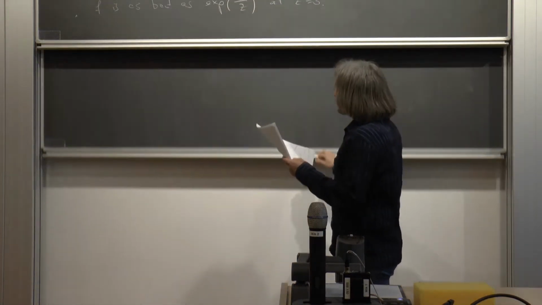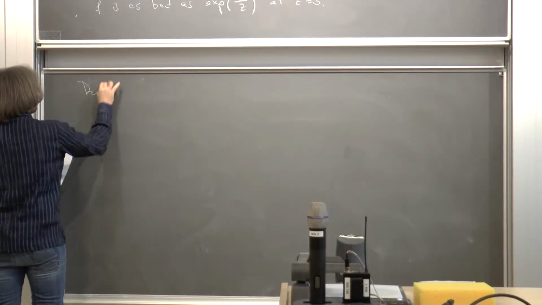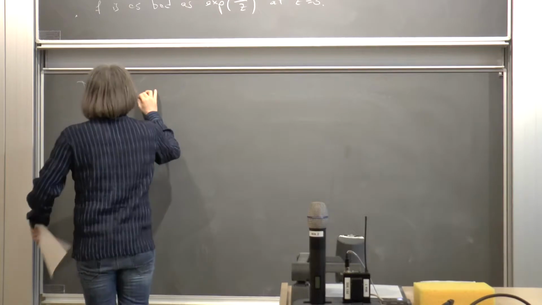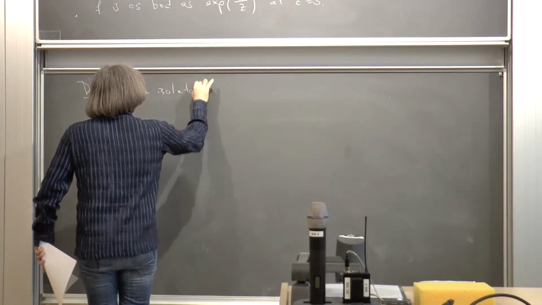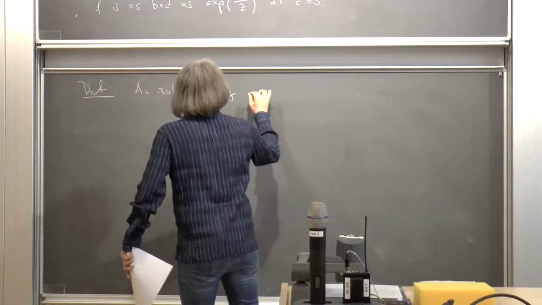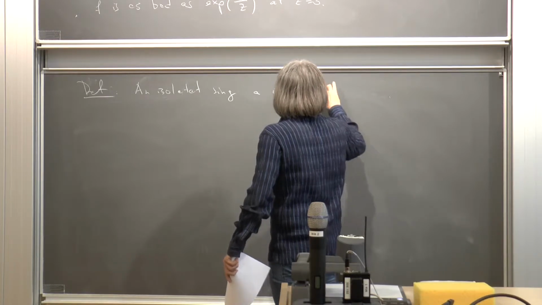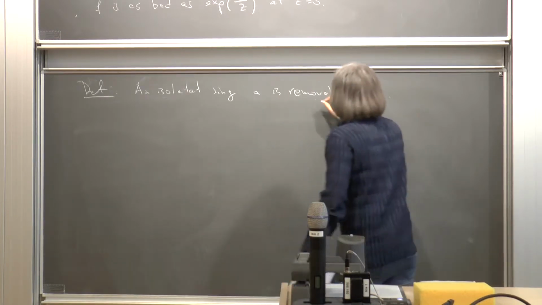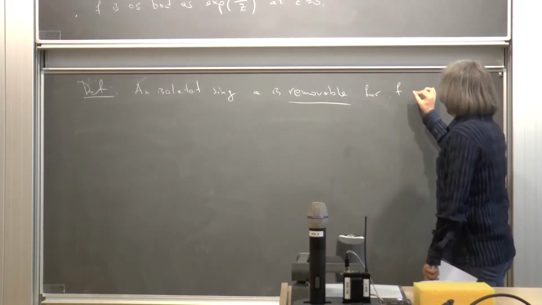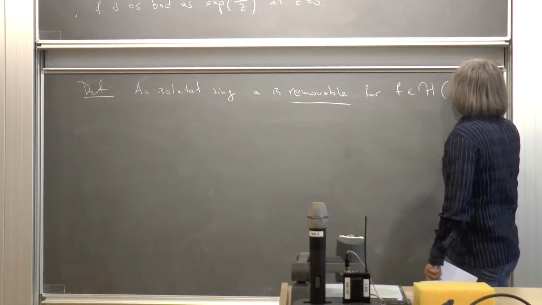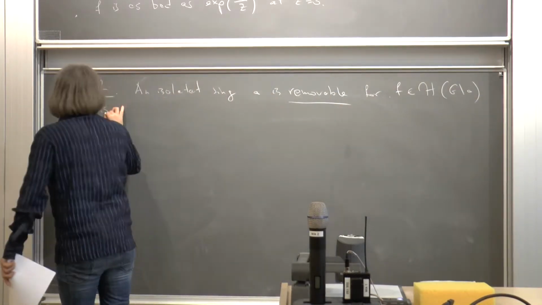So the first kind has a name. An isolated singularity a is removable for f if f extends holomorphically.